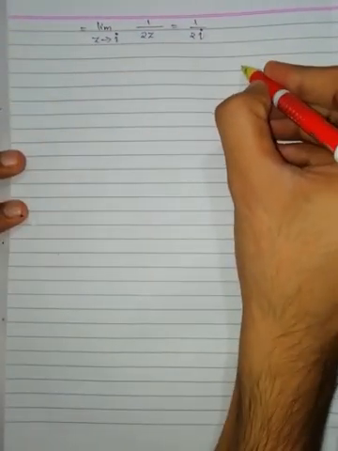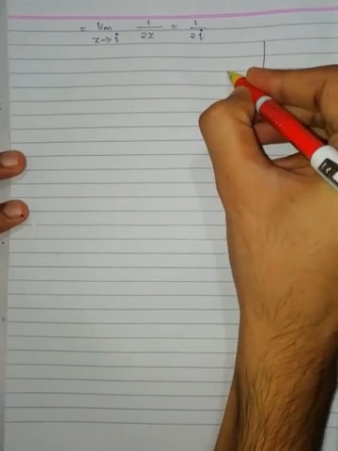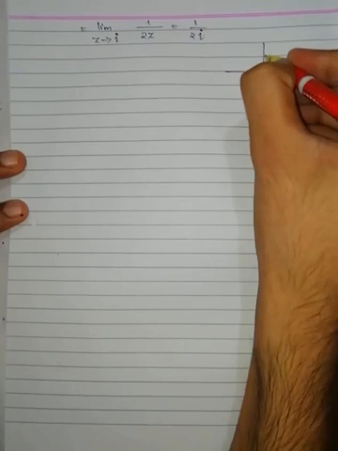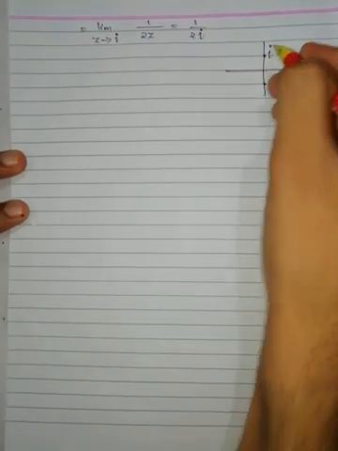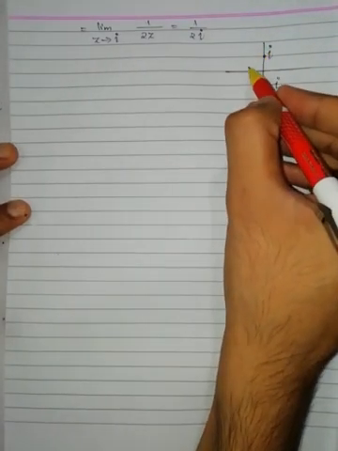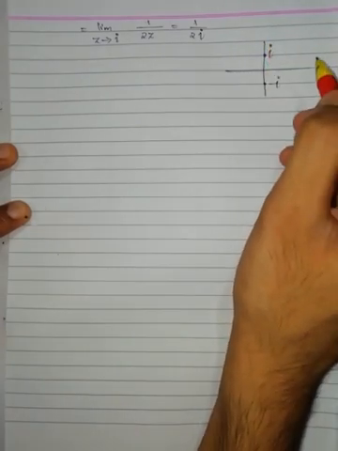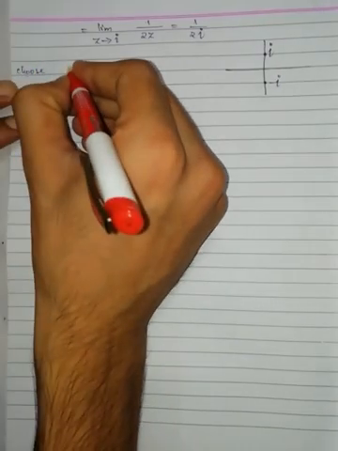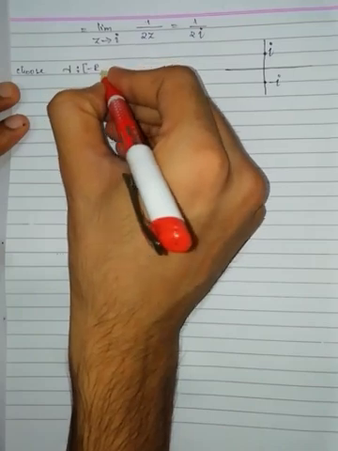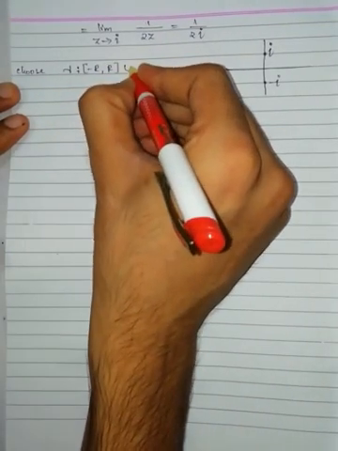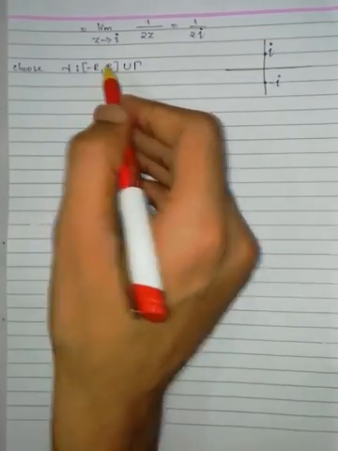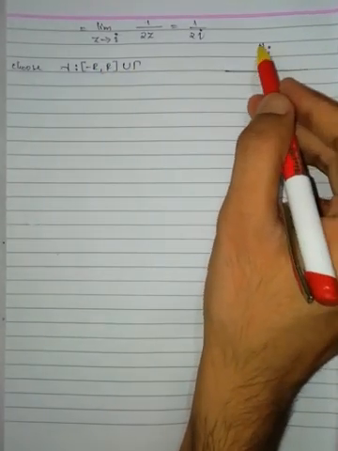The poles are minus iota and iota. We have to consider only those poles which are in the upper half plane. Now choose gamma such that the closed interval minus R comma R and union capital gamma contains all the singularities of the upper half plane.